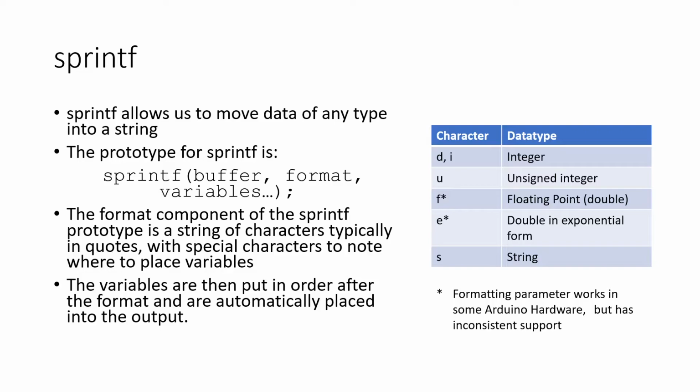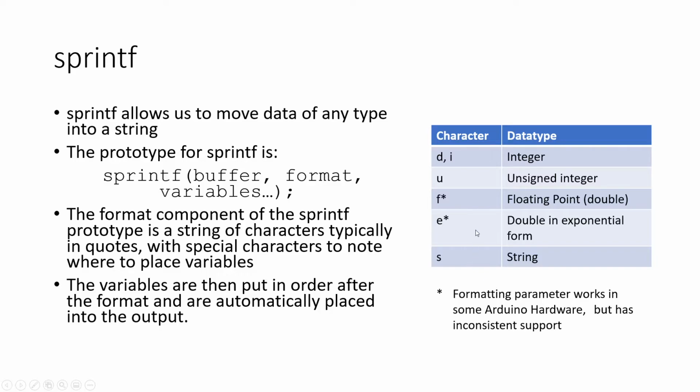The first thing we need to do is look at the function prototype. The prototype says that the first thing we need to put in is the buffer. This buffer is your string, or as we showed before, that would be str. The format is a string which contains our formatting elements. So on a typical system, we have %d or %i to represent integers, %u to represent unsigned integers, %f to represent floating points, %e to represent exponential notation, or %s to represent string.